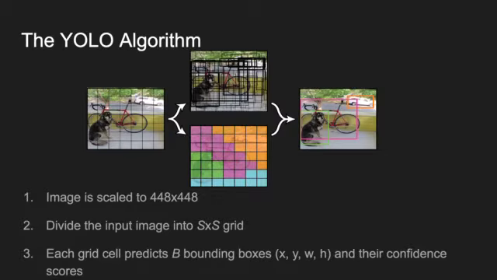So what does this algorithm look like? The first step is that the image is reduced to 448 by 448 pixels. The second step is slicing the image into a set of slices or grid blocks, which is S by S. The next step happens simultaneously.